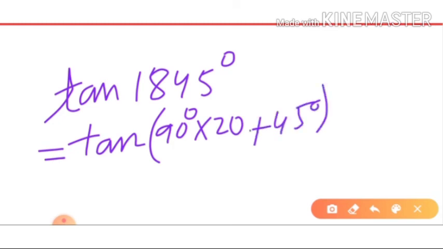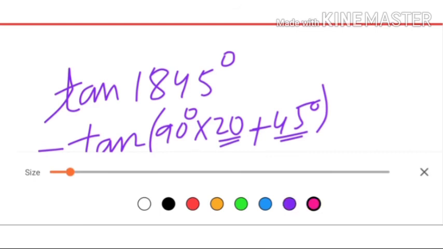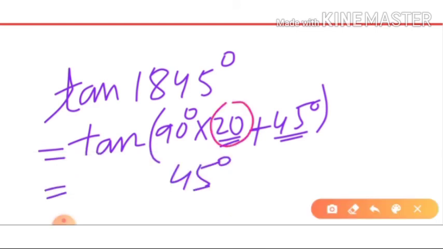So 1800 plus 45 is 1845. Now this 45 will remain 45, so the angle remains same. And this is an even multiple of 90, so tan will not change, that means it will be tan 45 itself. So tan 45 degree, but we don't know in which quadrant it will fall.